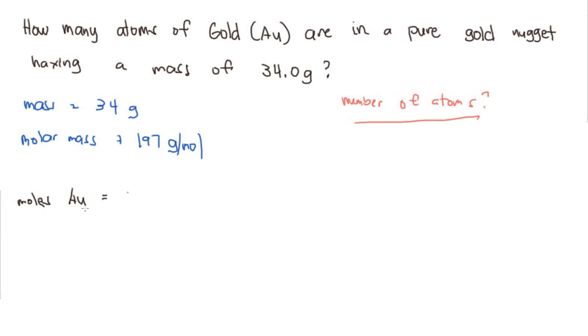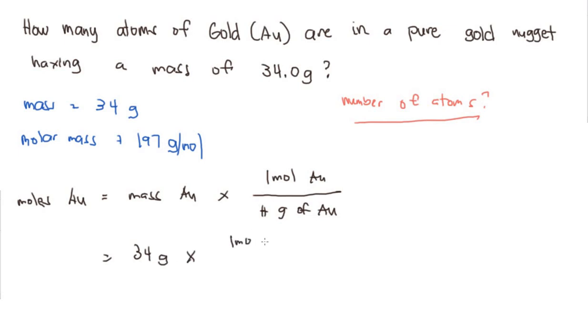So the moles of Au is equal to the mass of the Au multiplied by the molar mass, 1 mole Au over the number of grams of Au. Substituting, we have the mass of Au, which is 34, multiplied by 1 mole over 197 grams.